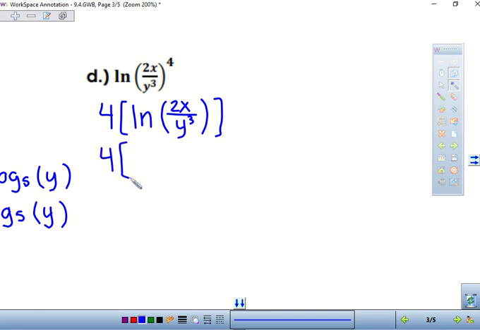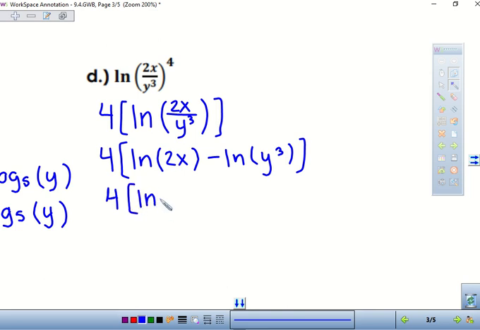So the inside, it's division, so it's going to become subtraction. Good. And then here we have multiplication, which is going to become addition. And then lastly, exponent can come out front.